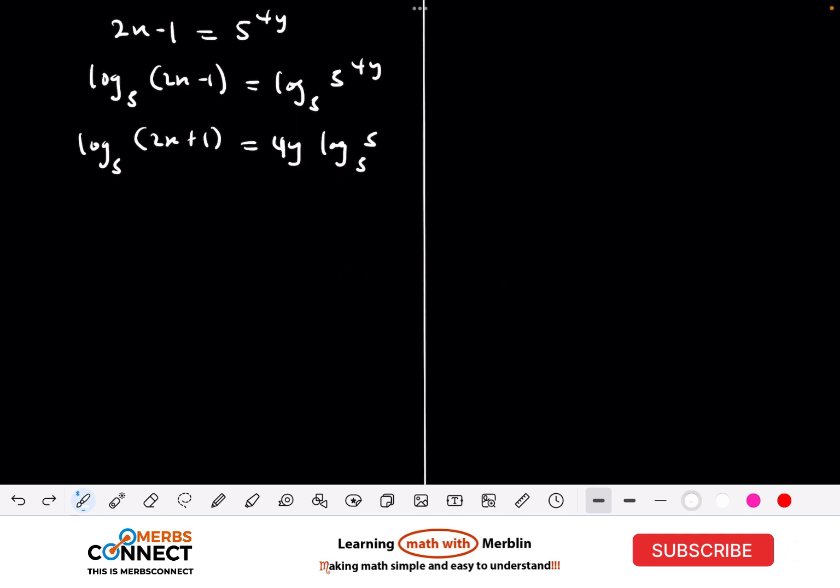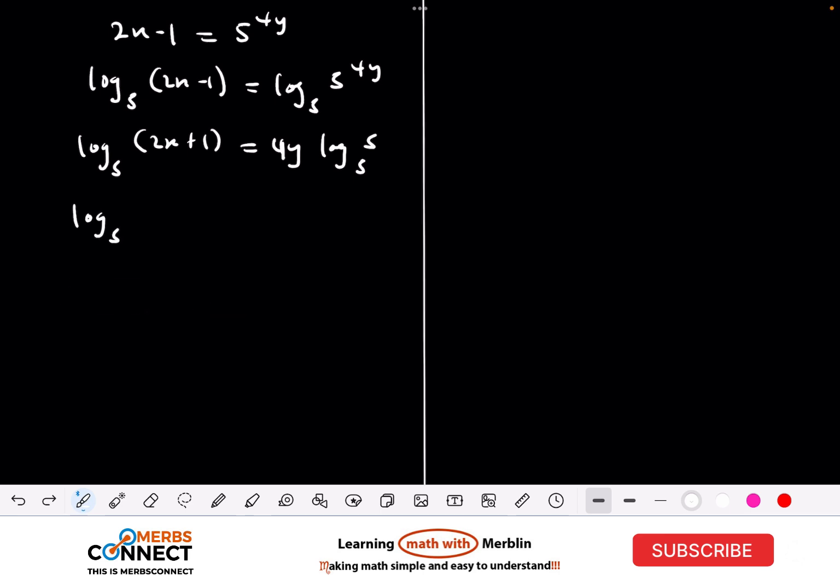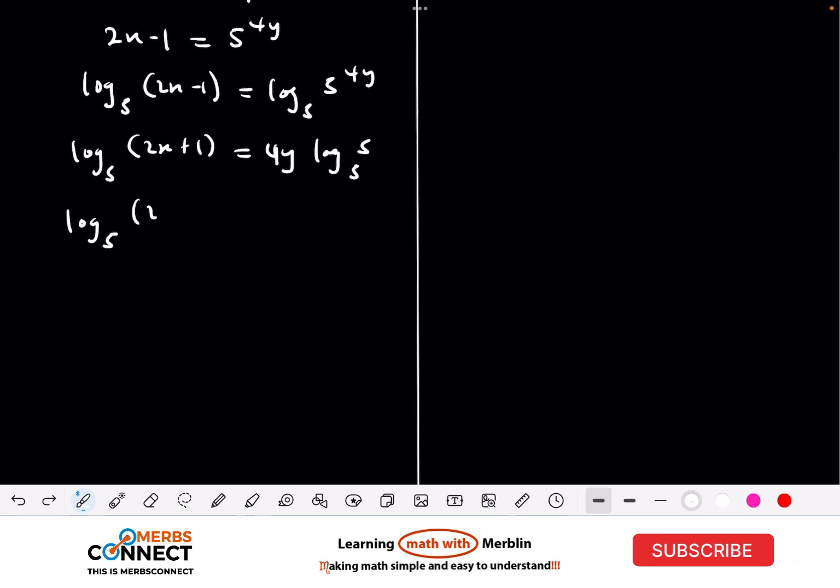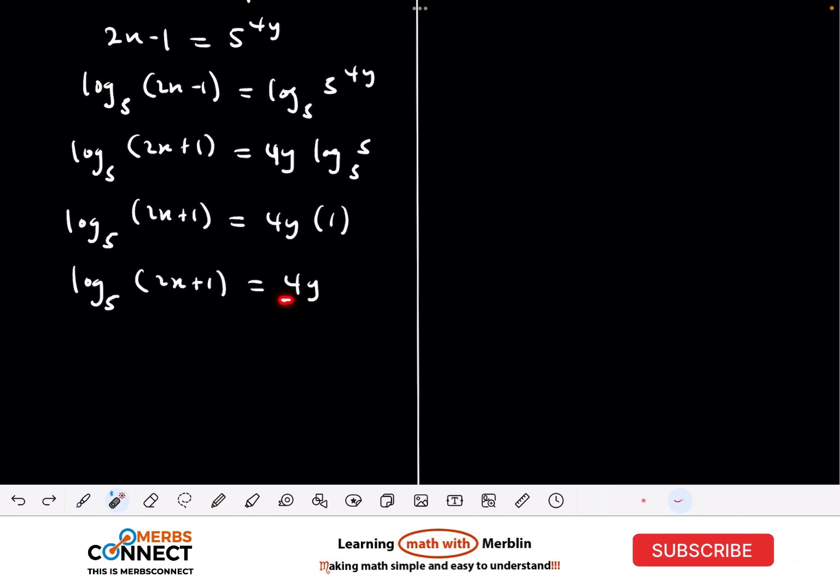So we are going to have log to the base 5 of 2x plus 1 equal to 4y. And the 1, this one here is going to give us 1. So we have log base 5 of 2x plus 1 is equal to 4y. So making y the subject, I divide this by 4, I divide this by 4.